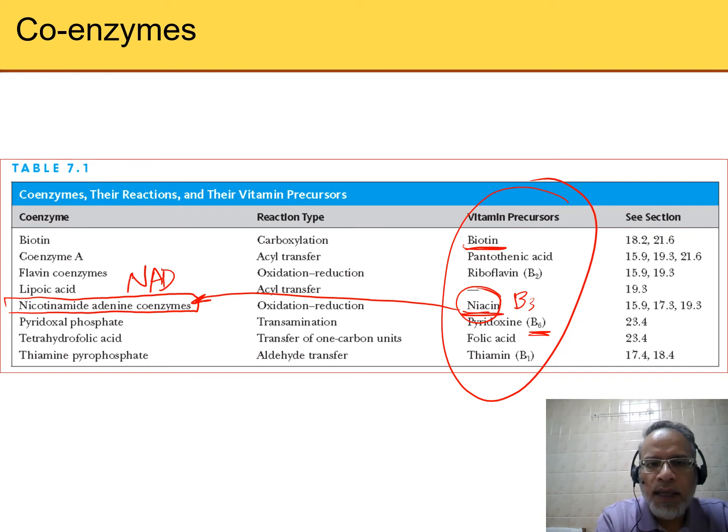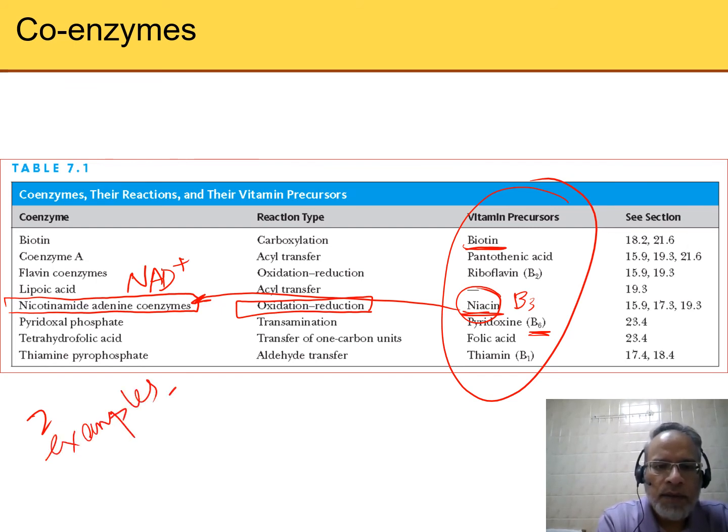And NAD plus or NADH, they're involved in oxidation reduction reactions, right? So I want you to know just two examples here, please. You can say, for example, riboflavin, which makes flavin coenzymes.